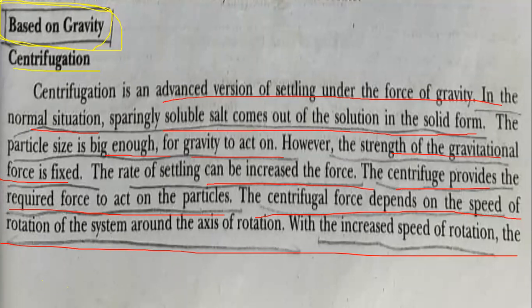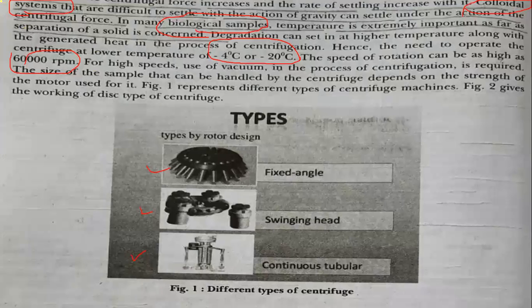Okay, and it increases the separation speed. So in this case, we fill the solution in a tube or a flask, and we rotate that flask at a very high speed.